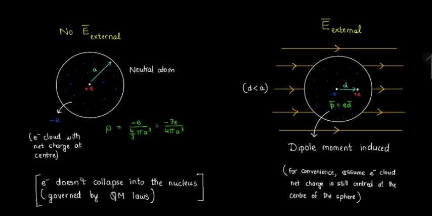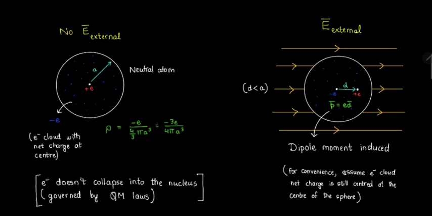So plus E will go to the right and minus E will go to the left. The cloud will shift to the left, so its center point will also move to the left. But for our convenience, we'll assume that the negative charge is not moving anywhere. We'll assume that the net negative charge is still at the center, but the positive charge, which is the nucleus, got displaced to the right by a distance of d.